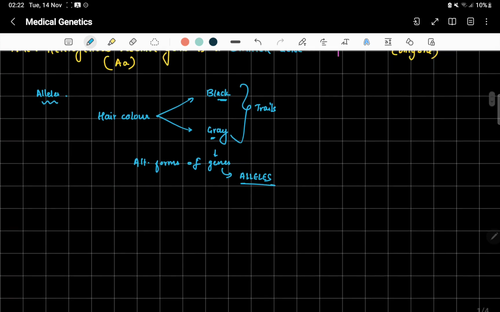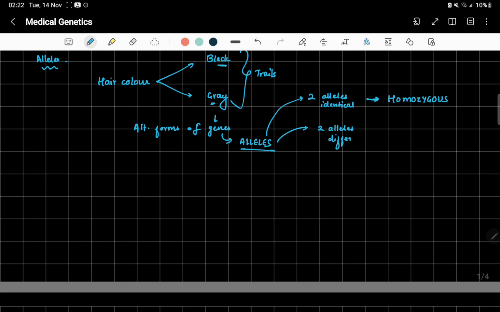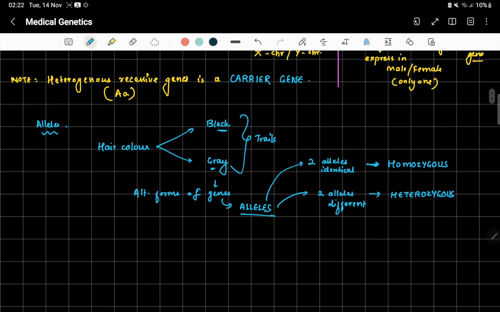Understood? If the two alleles are identical, they are called homozygous, and if the two alleles are different, heterozygous. Usually one allele expresses, which is called the dominant allele, and one allele does not express, which is called the recessive allele.